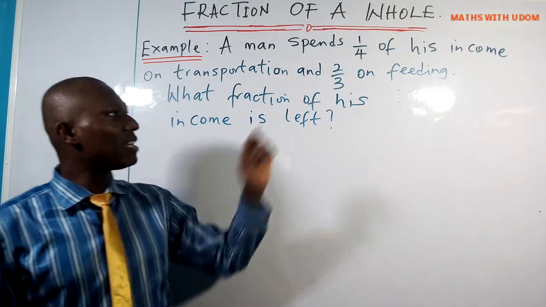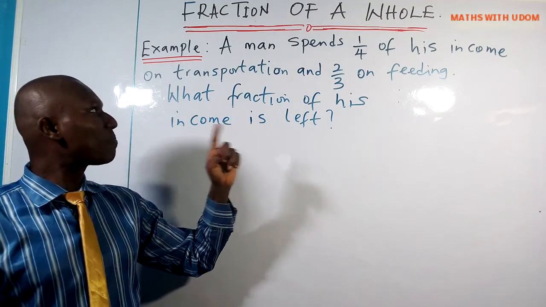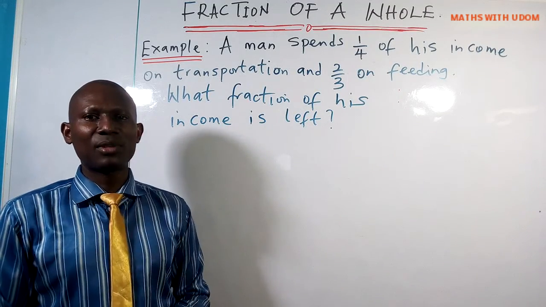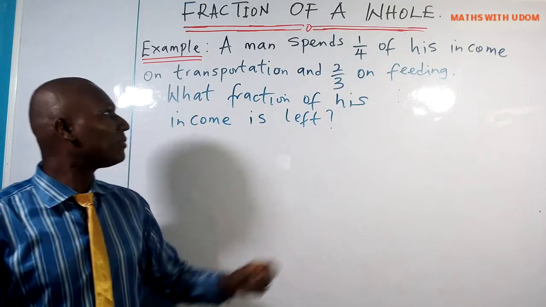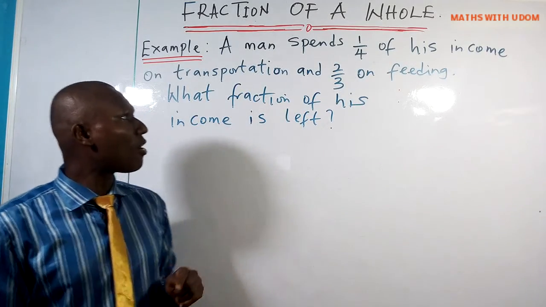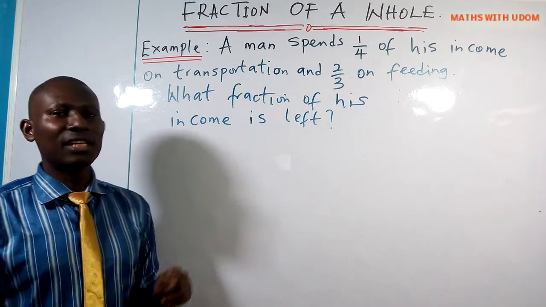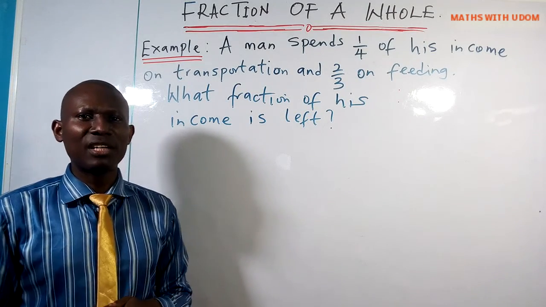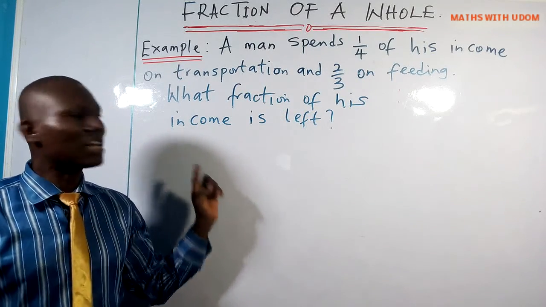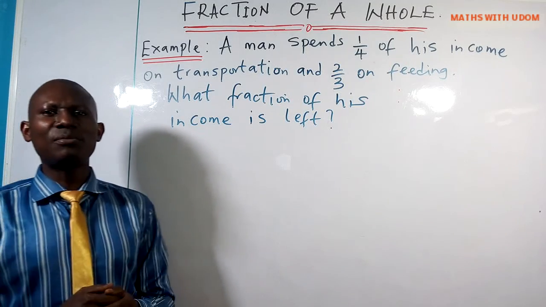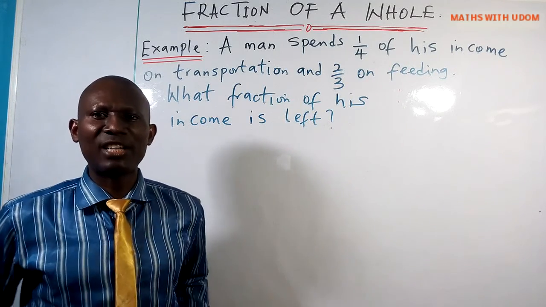That man was given a salary. He spends 1/4 of that income on transportation, and then 2/3 of that income on feeding. At the end of the day, what fraction of the income will be left in the hand of the man?